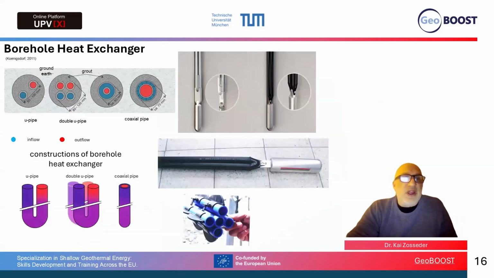But the distance must be there between the borehole heat exchangers, because otherwise you cool down the underground for the long term. A borehole heat exchanger can be designed quite differently. Normally, a standard one is a U-pipe system, so you have one pipe where you collect the heat, and then you go back to the pipe with a cooler heat carrier media, and then it collects the heat again, and then you can use it again. But you also have the W pipe, so you have two such connected pipes in one borehole.